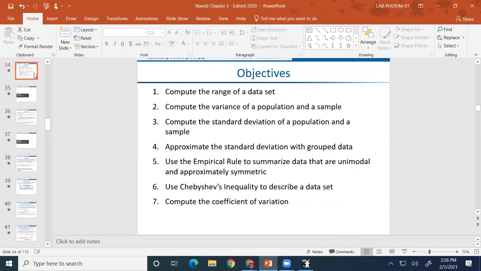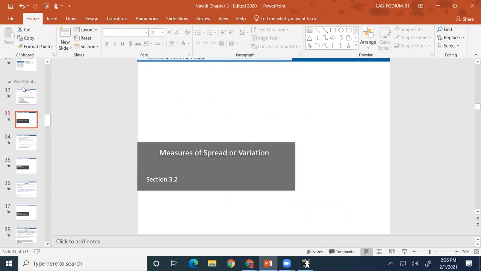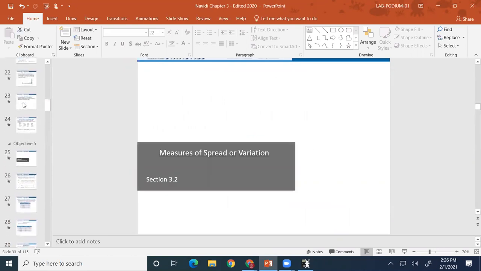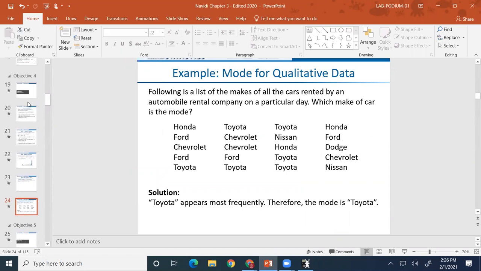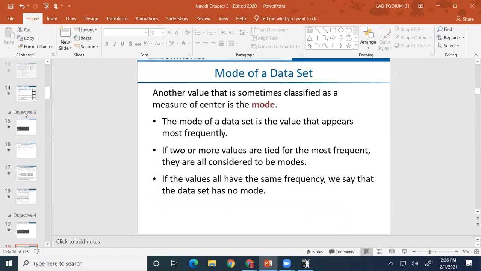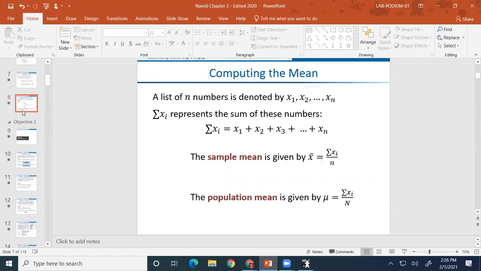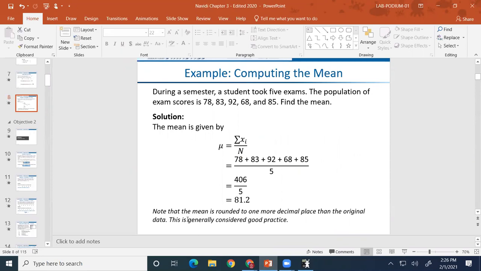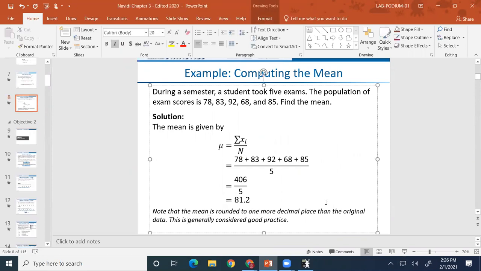Nope, that wasn't it. It was by the mean. See, they went out one. See, the mean is rounded to one more decimal place than the original data, and that's the same thing with standard deviation. But like I said, if they ask you for a certain decimal place, then you would go out to whatever they wanted to.